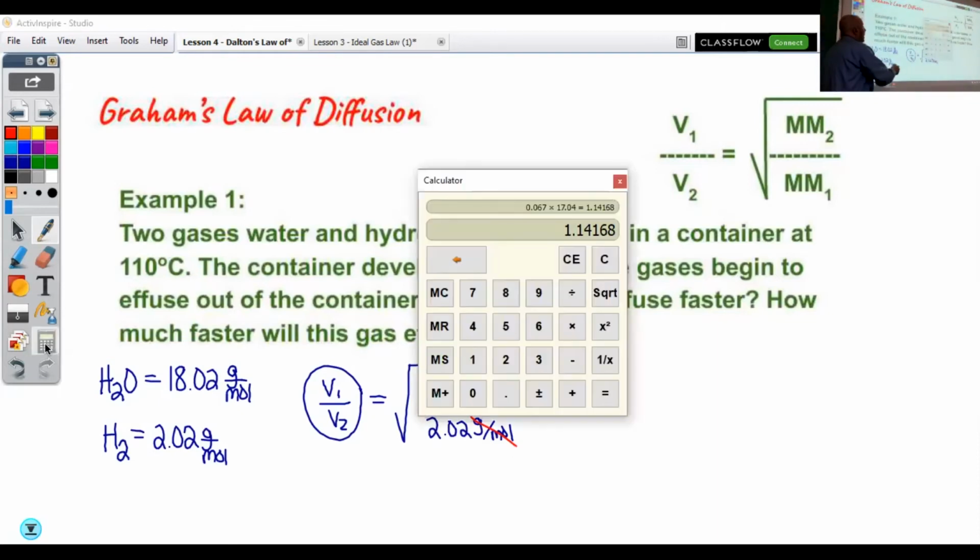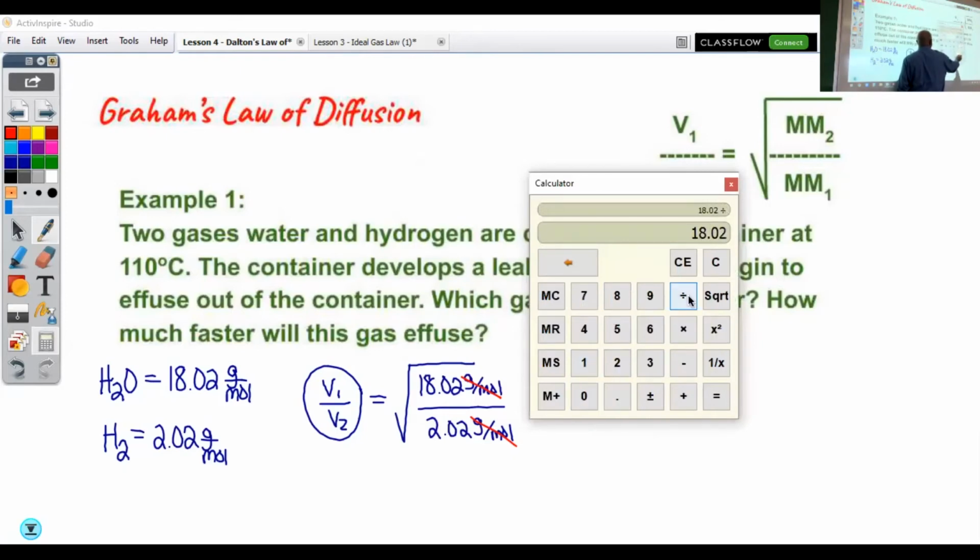Next, we can divide our two numbers, 18.02 divided by 2.02, to get an answer of 8.92.